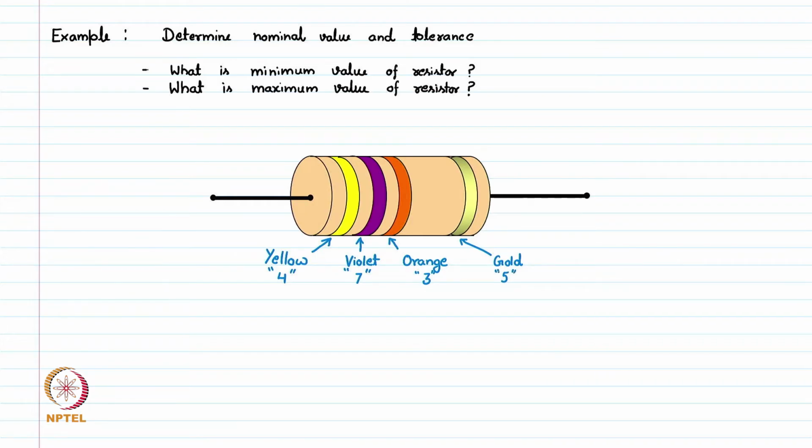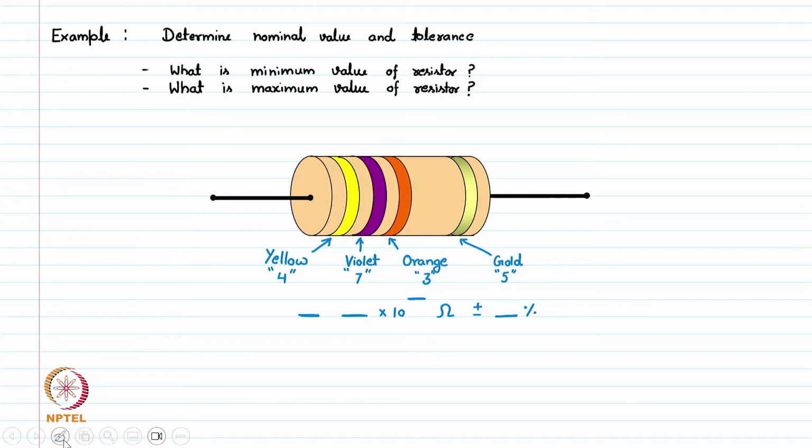So if we calculate the value of this resistance, this is the first digit, second digit, multiply by 10 to power the third multiplier, this much ohm, and then we have plus minus the fourth space, which is the tolerance value.